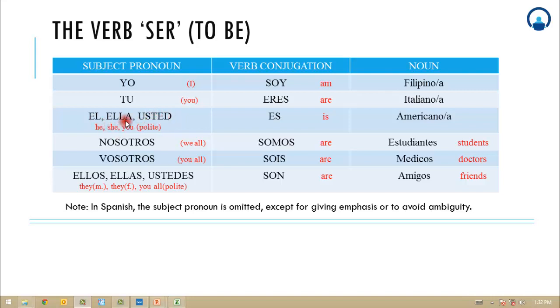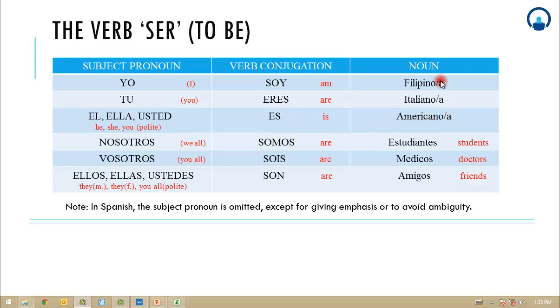So él, ella, usted, these subject pronouns have got the conjugation es, and if we combine them together we get a sentence like él es americano, that means he is American.